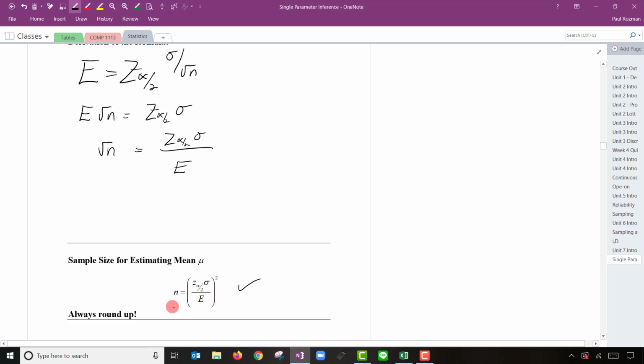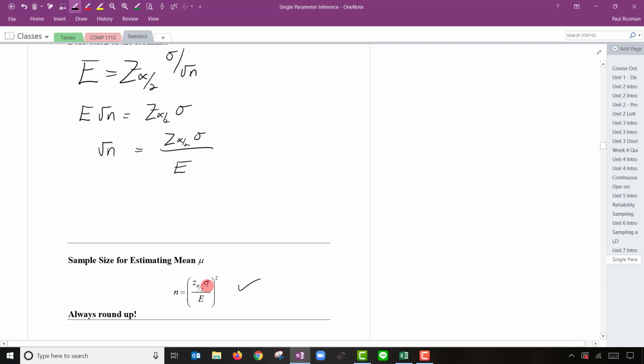The only real problem with this formula, if you look at it, is that it also has that issue of sigma being in the formula. This is the sample size that you need to collect in order to estimate mu with some degree of error and some degree of confidence.